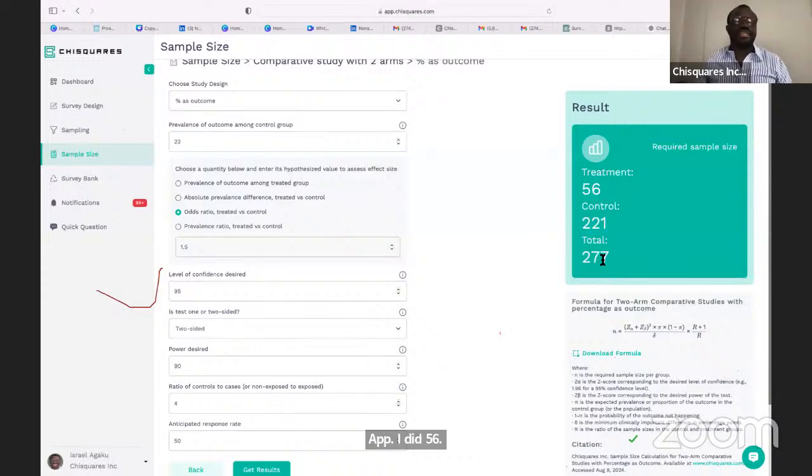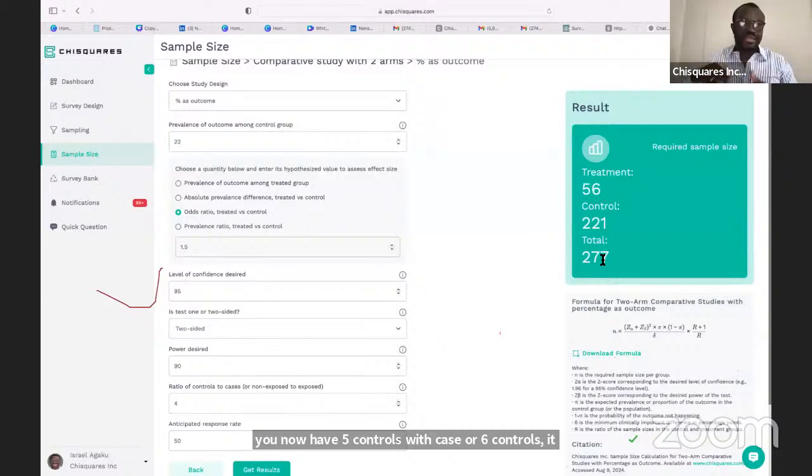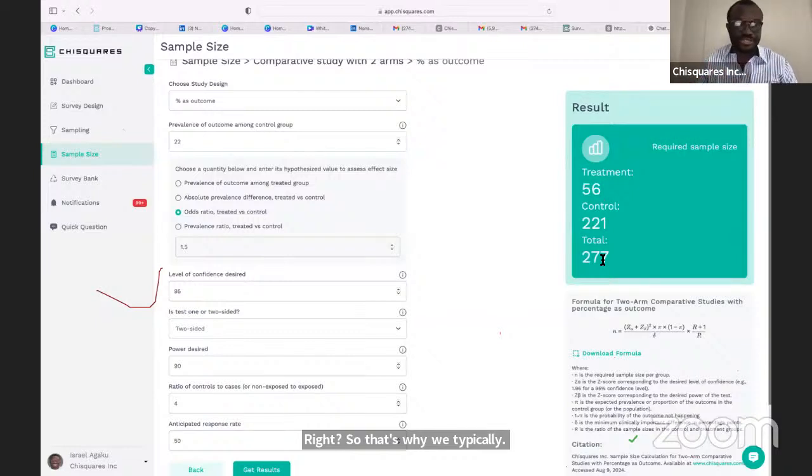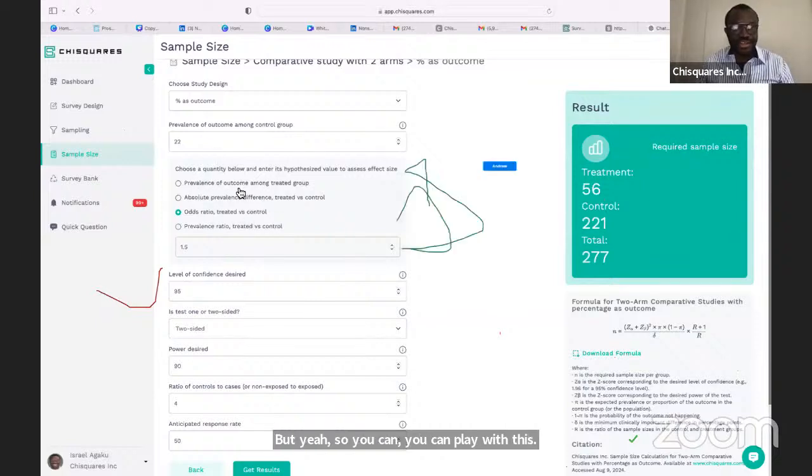In a case control study, having up to 4 controls per case increases the power, but beyond that it doesn't help you. So if you have 5 or 6 controls to a case, it doesn't help beyond 4. That's why we typically cap the ratio of controls to cases at 4 in the case control study. But you can play with this regardless of the parameter you supply.